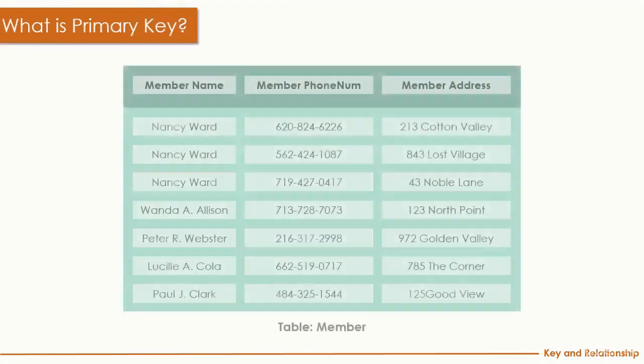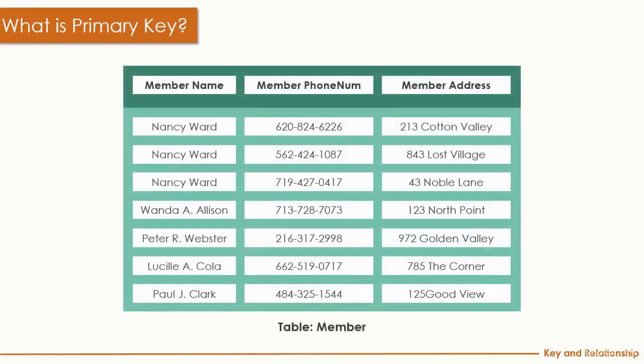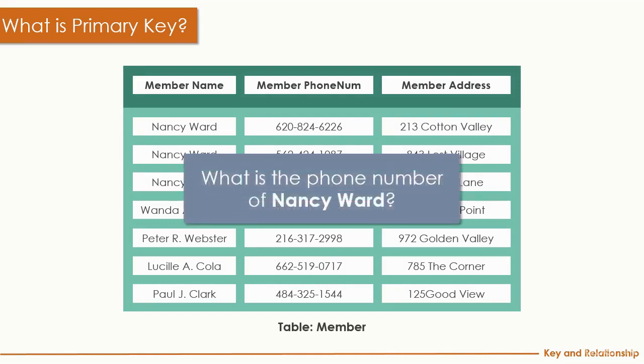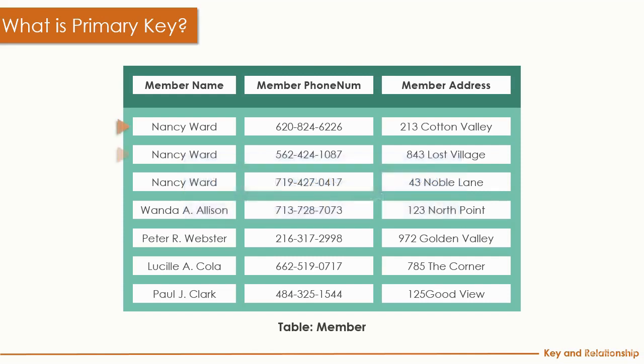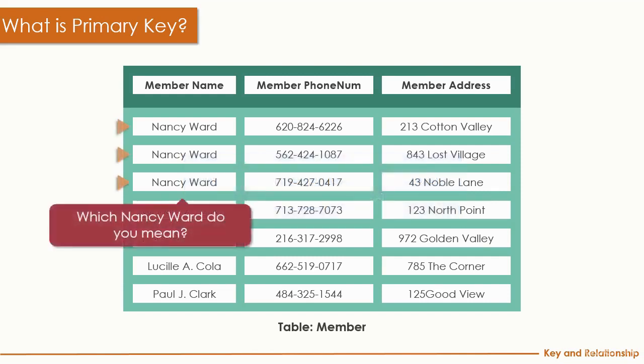Let's take an example. So we have a member table here. We have so many records. If I ask a question, can you give me the phone number of Nancy Ward? The problem is we have 3 Nancys here. Which Nancy do you want?